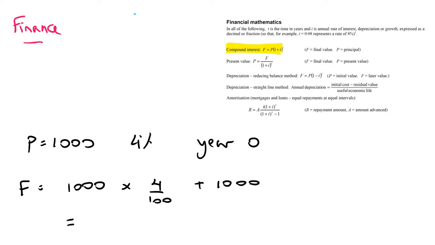Another way of writing that is just going to be the original amount times 1.04. And that value is going to be €1,040.